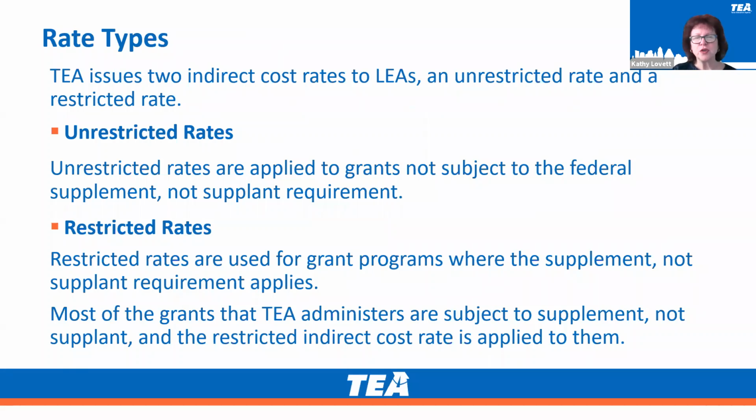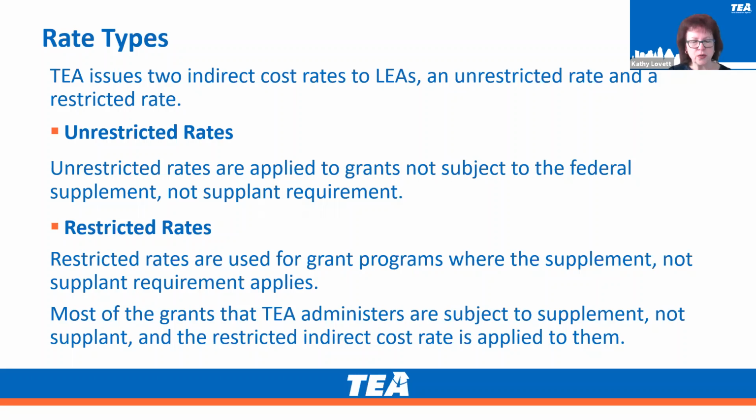TEA issues 2 types of rates, an unrestricted rate and a restricted rate, and the one used is usually determined by the supplement, not supplant provision. Let me go back to the supplement, not supplant provision. It means that grant funds must be used only to enhance and support existing state or locally funded activities. The grant funds must not be used to replace state or locally funded activities.